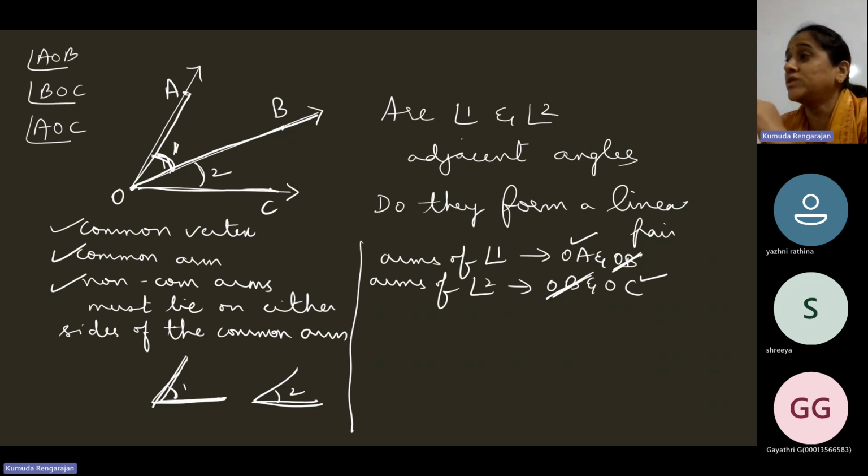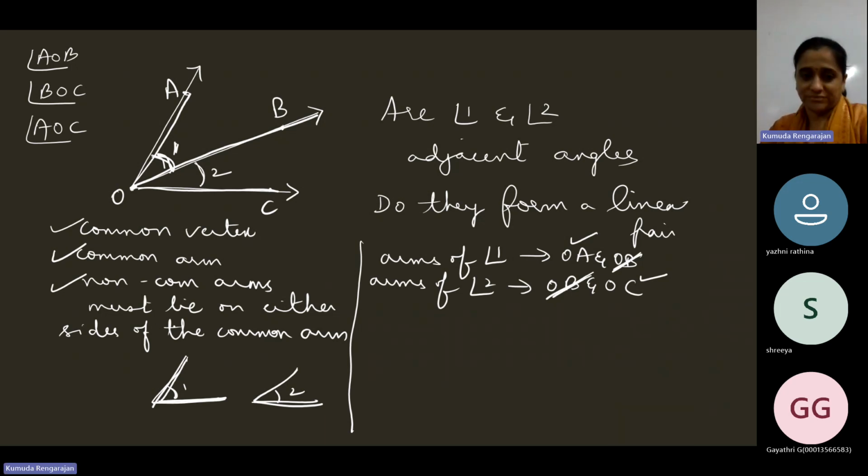Now the next question: do they form a linear pair? That is, is the sum of angle 1 and angle 2 180 degrees? No. Angle 1 plus angle 2 is not 180. Why?